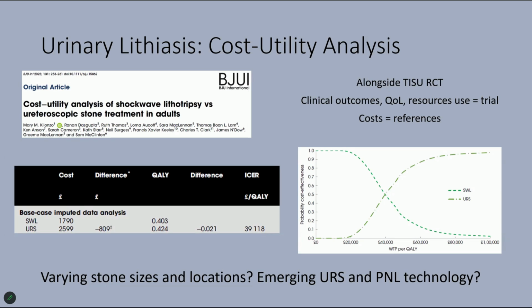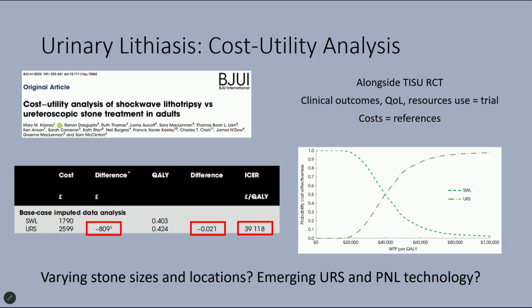The resource use was also acquired from the trial. However, the unit costs were still taken from NHS references. So it was a mix of bottom-up and top-down costing approaches. And indeed, shockwave lithotripsy was less effective, but less costly. And overall, the ICER was cost-effective.